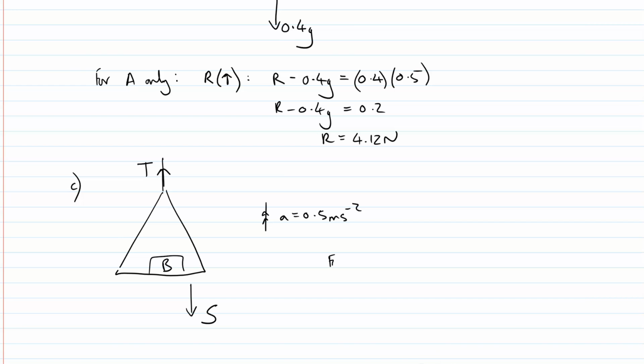And for the scale pan, we know the scale pan is moving upwards, so the resultant force is upwards. So we've got the tension in the string going upwards.